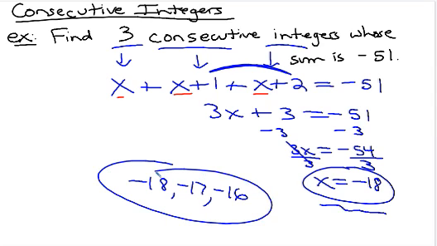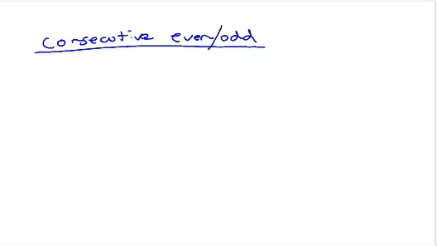All right? Now, the only other thing that they could really do with this is say, consecutive even or odd integers. That's not a big deal. If they tell you to do consecutive even, I'm not going to do an entire problem. I'm just going to show you how to adjust it. If they tell you to do consecutive even or odd, my first one is x, and my next one is not x plus 1, it's x plus 2.